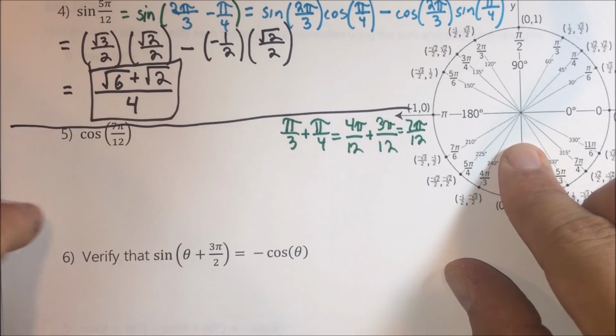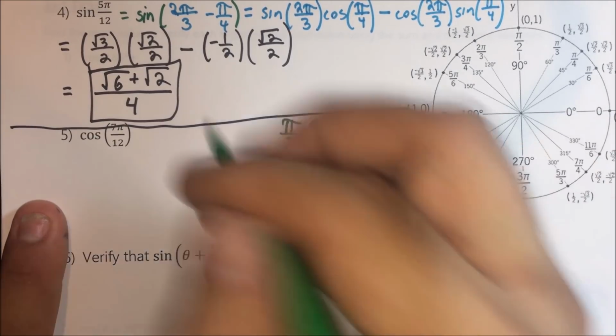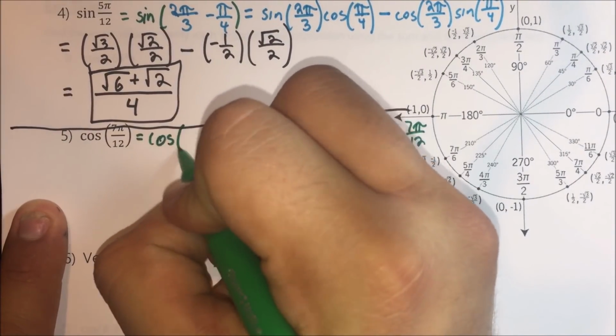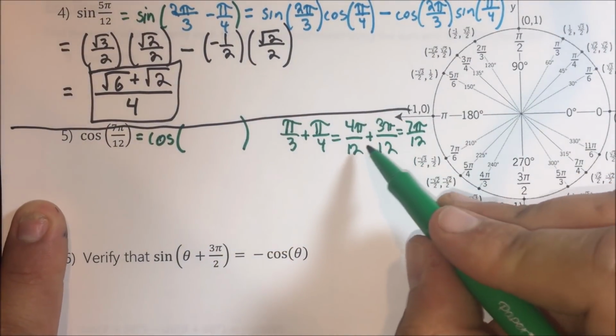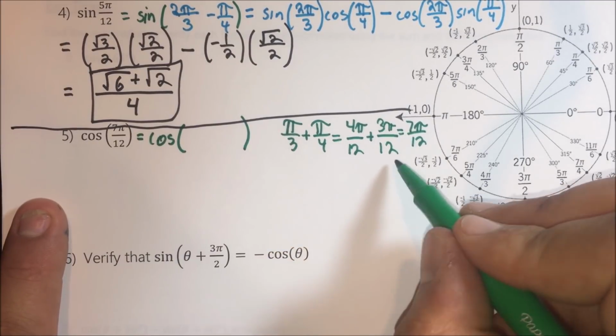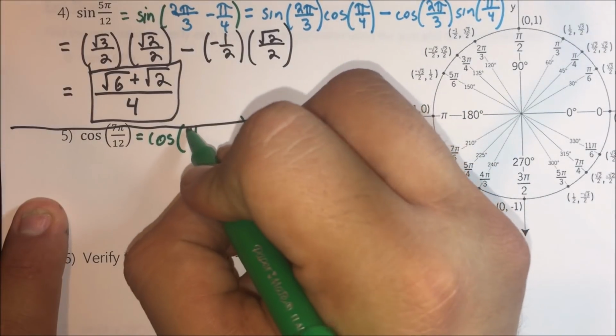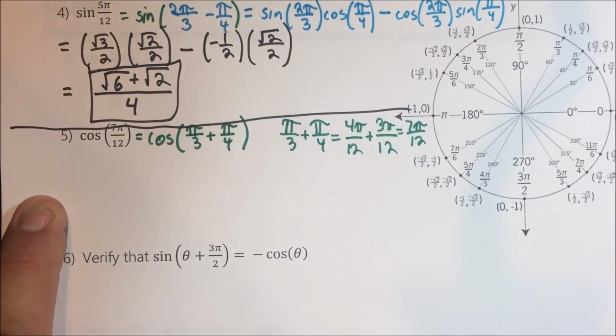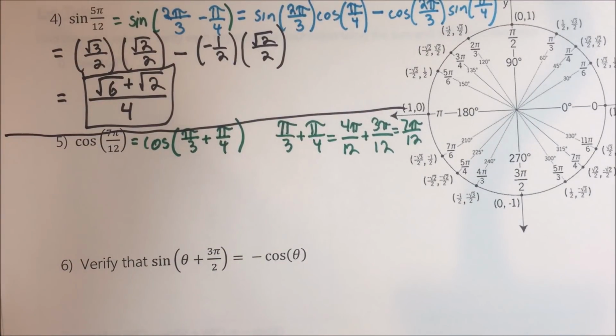So that means that we're going to want to break this down into the 2. We're going to say cosine of, and again, use the ones that they originally were, not the ones you changed them into, because we know that they will become this, but we want to break it down into the 2 special right angles. So we get cosine of pi over 3 plus pi over 4 should give us 7 pi over 12.